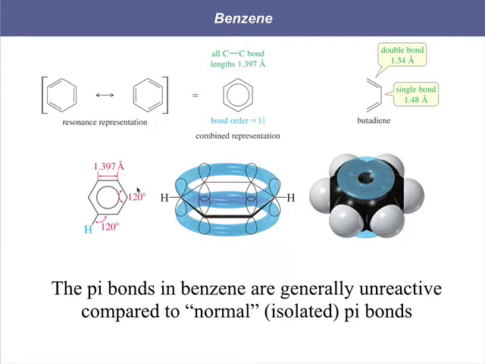Another way to view this would be the orbital picture of benzene. So remember that each of these carbons in benzene should be sp2 hybridized. That's why each one gets to make a pi bond with its neighbor. But again, we can't really say that one neighbor is always pi bonding, because in one picture we have pi bonding, in another picture we have single bonding. So these electrons are really moving around this ring.